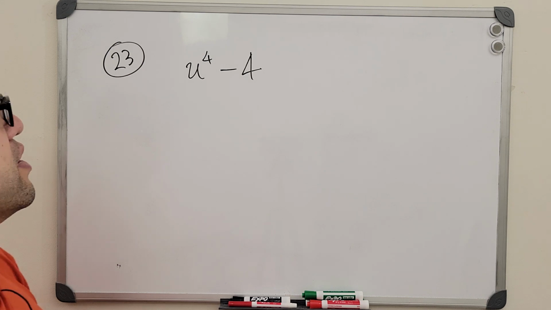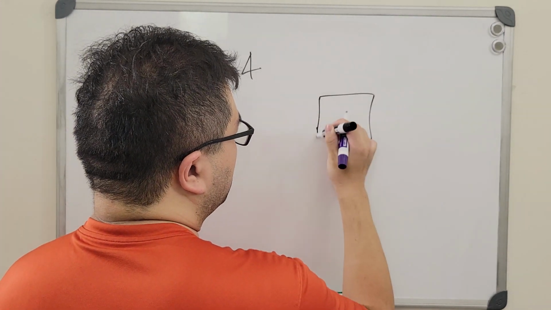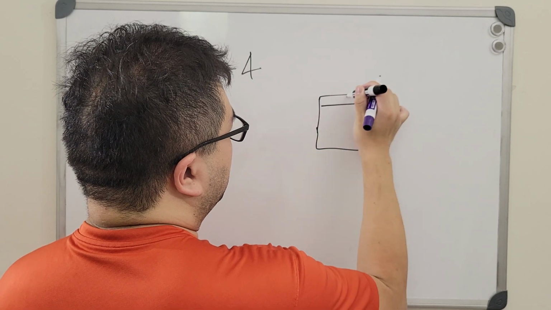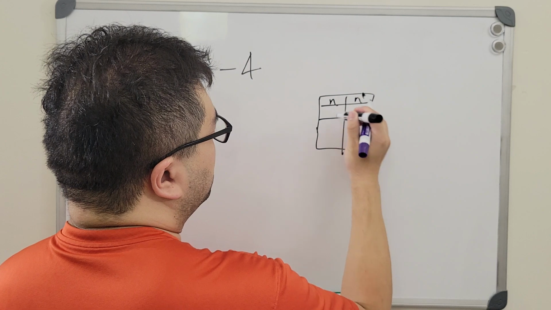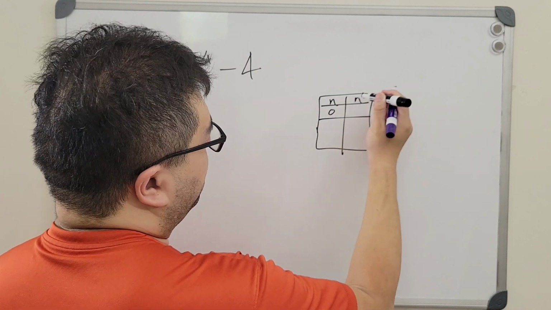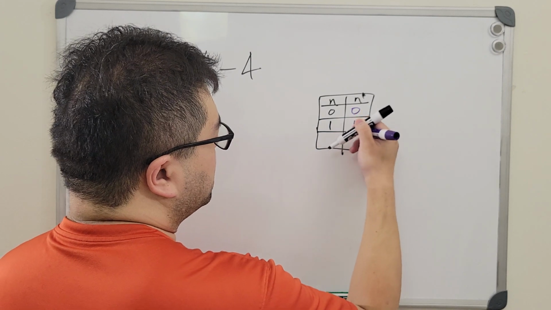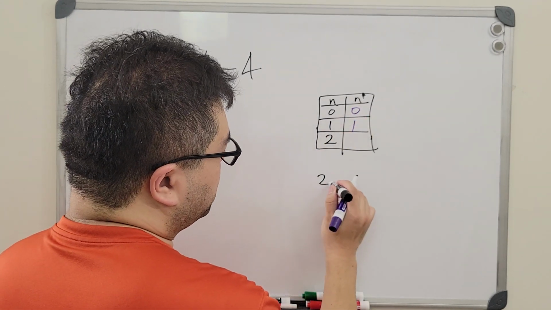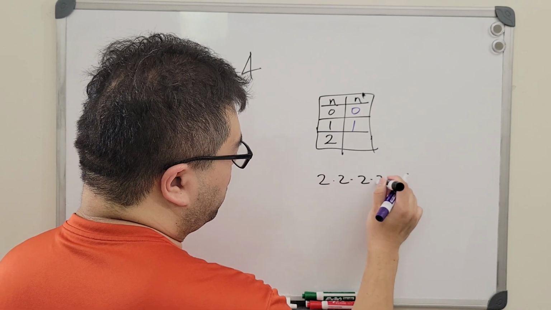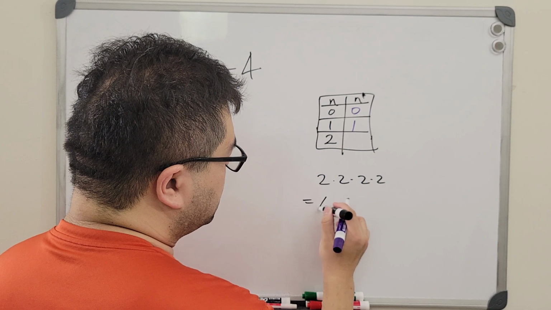Not really, because if we think of the charts, let's say we're taking n and raising it to the 4th power. We know that 0 to the 4th power is 0. 1 to the 4th power is still 1. But 2 to the 4th power is actually saying that we have 4 copies of 2 multiplying, which in fact will give us 16 here.